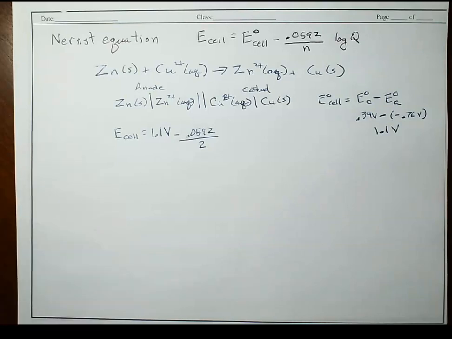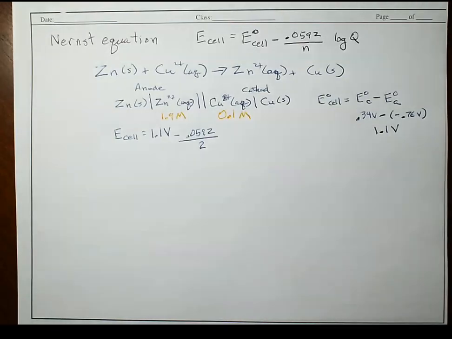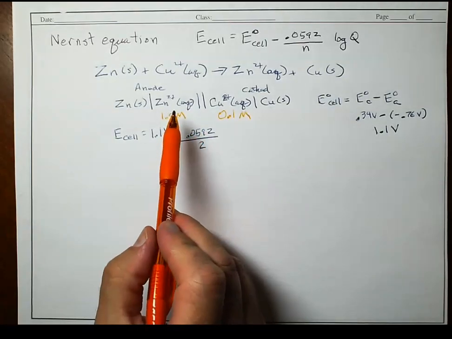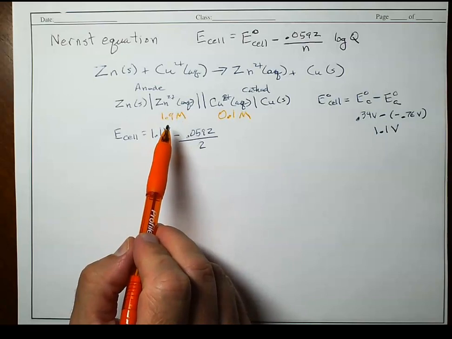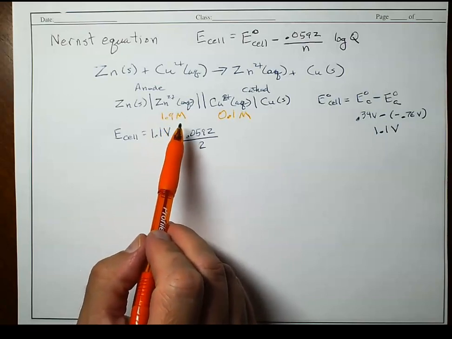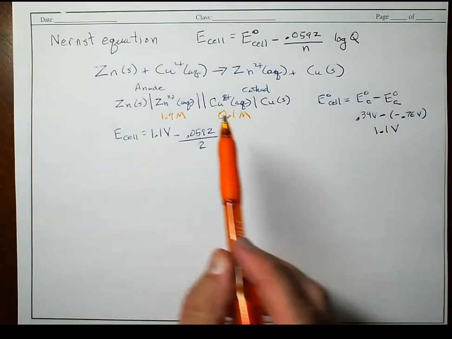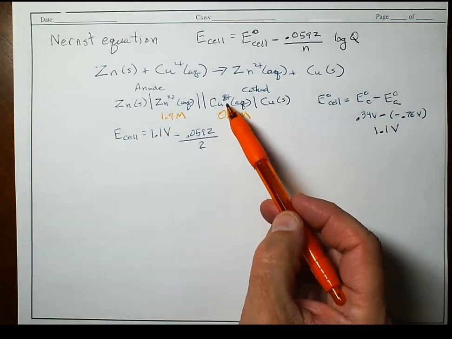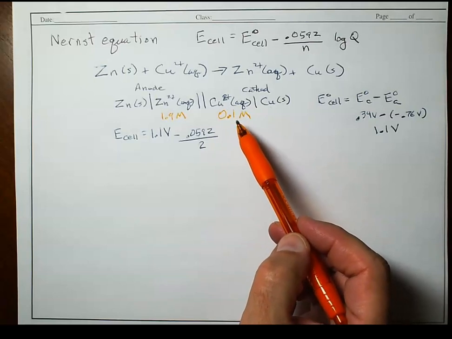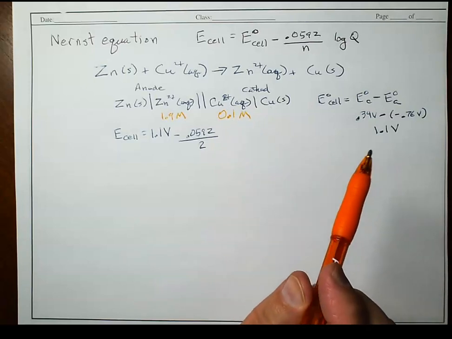So we have to go back to our problem here, and what it tells me for this example, if I can find it again, look here. In this problem, it stated that the zinc ion concentration was 1.9 molar. Hope you can read that. Yeah, 1.9 molar. And the cupric ion concentration was 0.1 molar.